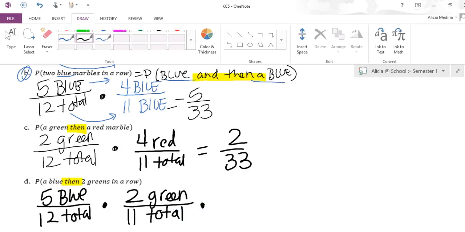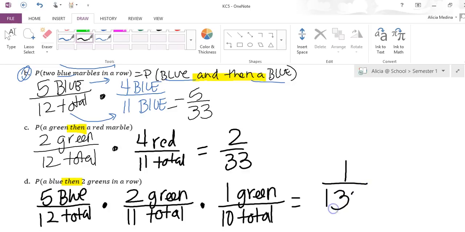Multiply, and then I want another green one. So I have to remember that I have to take 1 out of my green selections because I already picked 1. So I only have 1 left to pick from. And then I have to take out another marble because I took out that second marble. So when I multiply these all out, I get a final probability of 1 over 130.